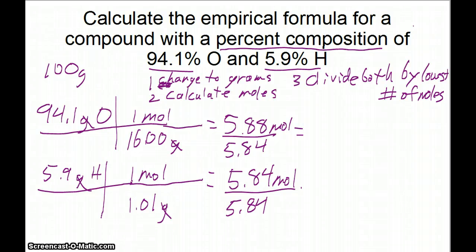Here's where, normally in chemistry we're so exact, but here we can do a little bit of rounding. 5.84 divided by 5.84 is 1. 5.88 divided by 5.84 is going to be 1.0 something. For our intents and purposes here, it is simply 1.